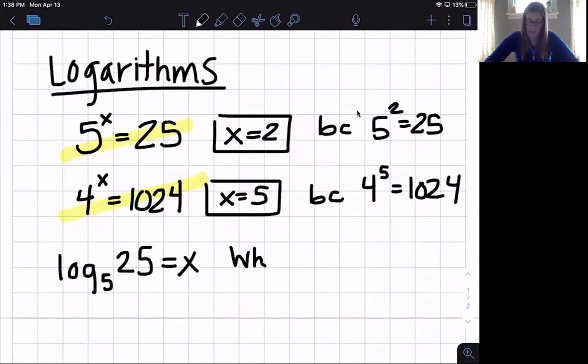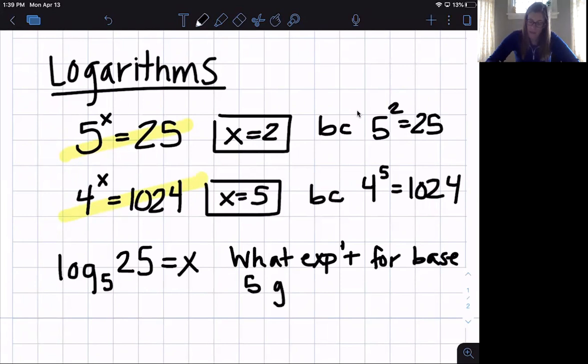So it's saying what exponent (exp. is my abbreviation for exponent) of base 5 gives us 25.